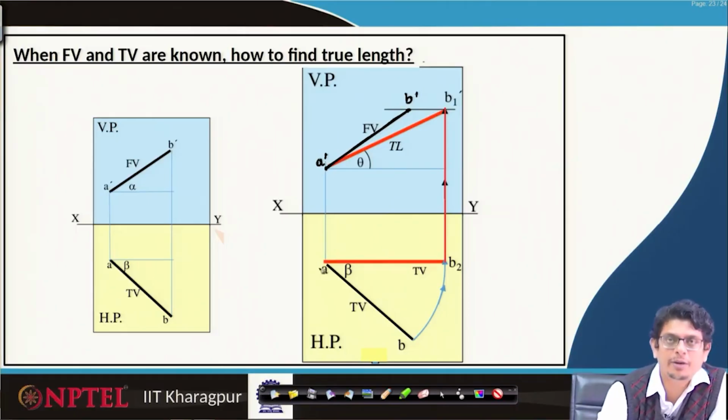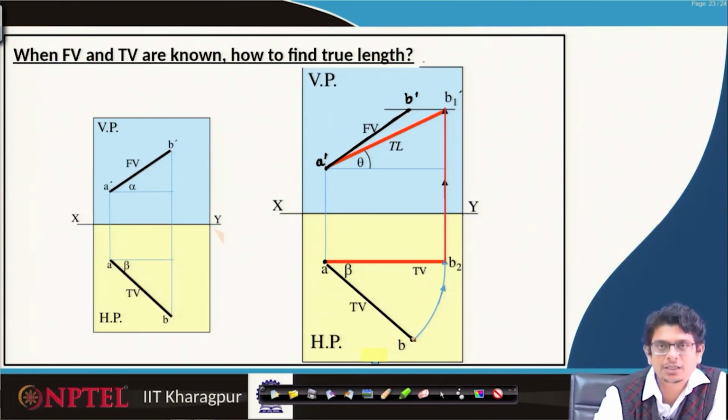Similarly, project A prime all the way down, so that we get A, how far it is in front of this vertical plane, then project B prime, then rotate it in such a way that whatever the angle it is made, we will locate it. So, somehow we know this front view and this top view also.